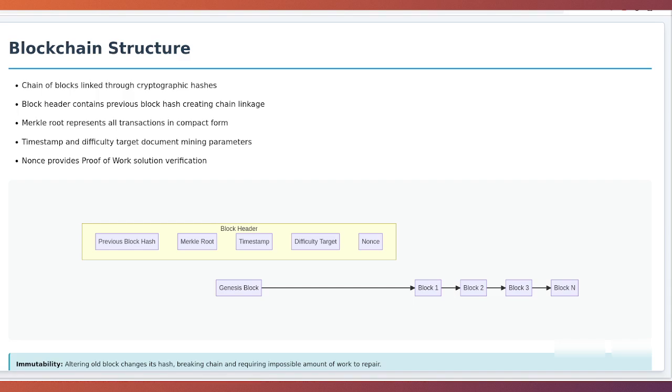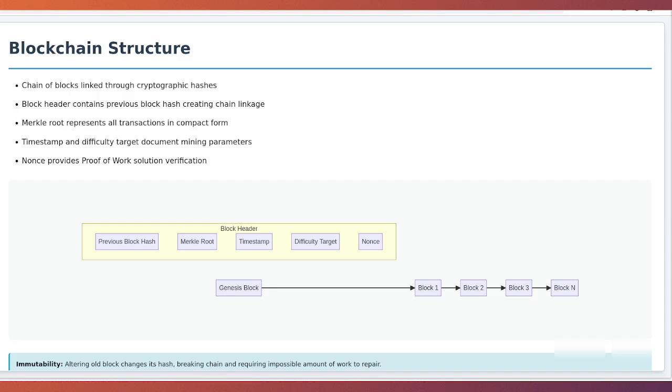When a new block is mined, its header includes the hash of the previous block. This creates an unbreakable backward link. If someone tries to alter a transaction in an old block, the Merkle root changes, which changes the block's hash, which breaks the link to the next block.